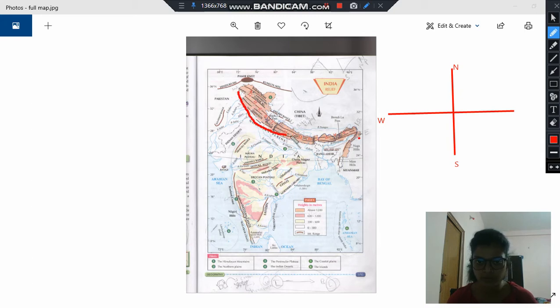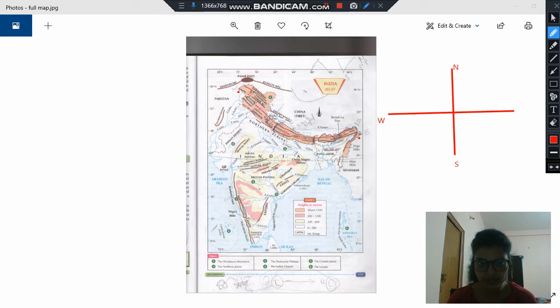You can see that it forms an arc, and this is our Himalaya from the Indus river in the west to Brahmaputra in the east. This is Himalaya, and it has 3 mountain ranges.